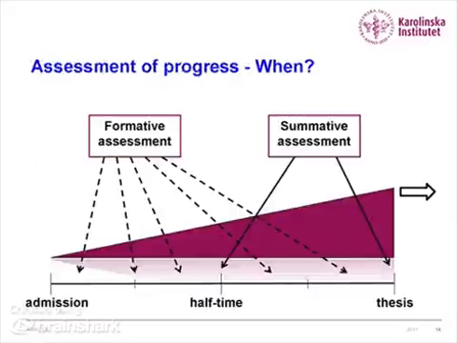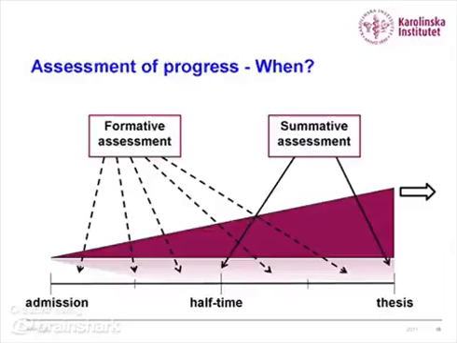On slide 15, we asked the question when to assess progress, and there were 2 possibilities: a summative assessment, which is a snapshot done at a defined time, or a formative assessment that will occur several times over the length of, for example, here shown, the thesis.